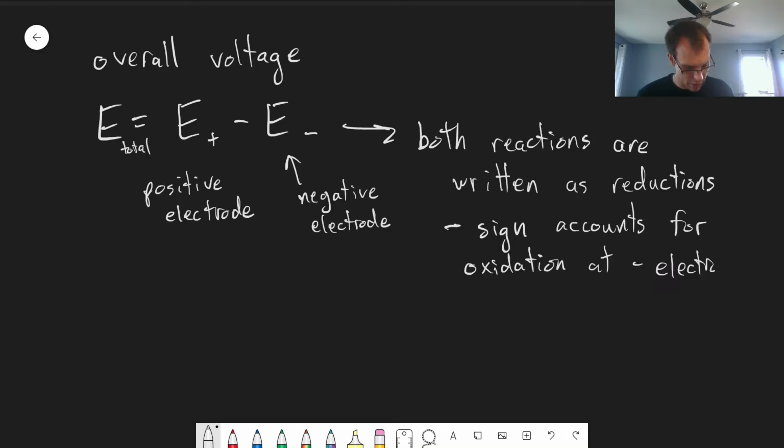We'll say the oxidation at the negative electrode, because that's where the electrons are being produced. So this negative sign right here takes into account the fact. So you don't need to reverse signs or anything. That's built into the way we do the calculation here.